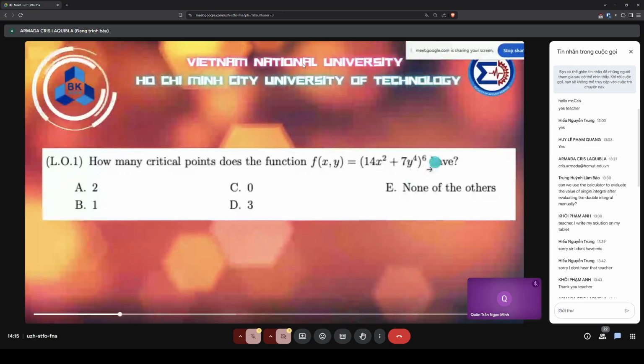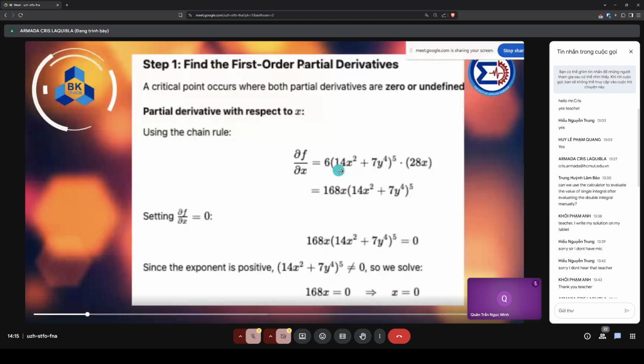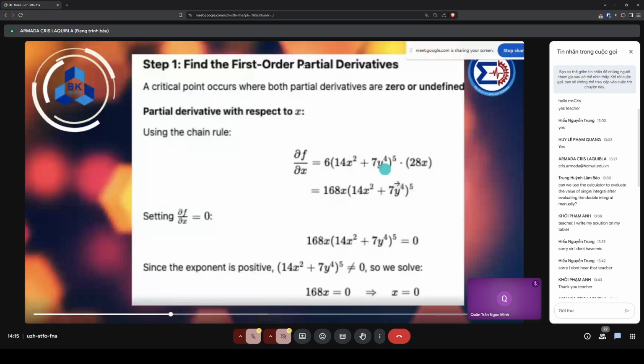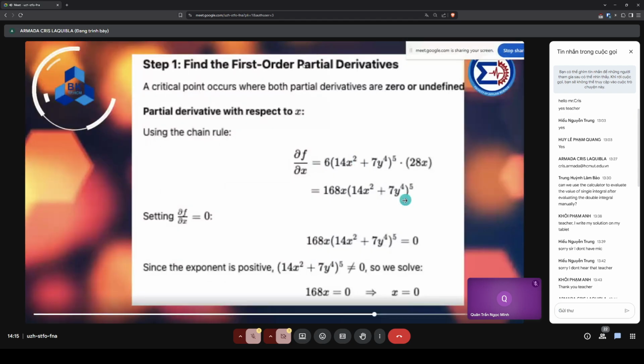So that is 6, then copy 14x squared plus 7y to the fourth to the power of 5. Then the derivative with respect to x. So this is 14x squared, the derivative of that is 28x. So 28x times 6 gives us 168x.